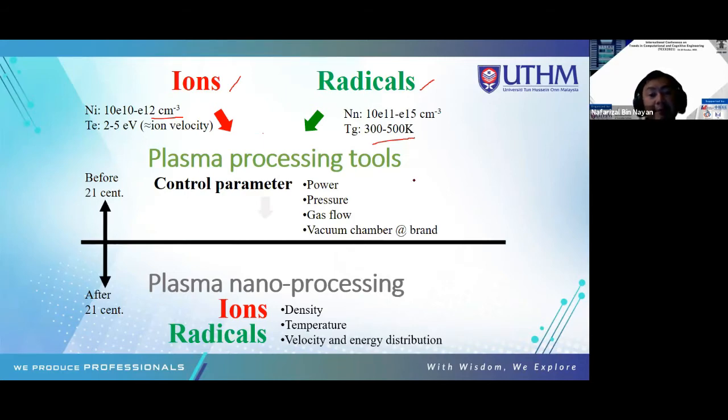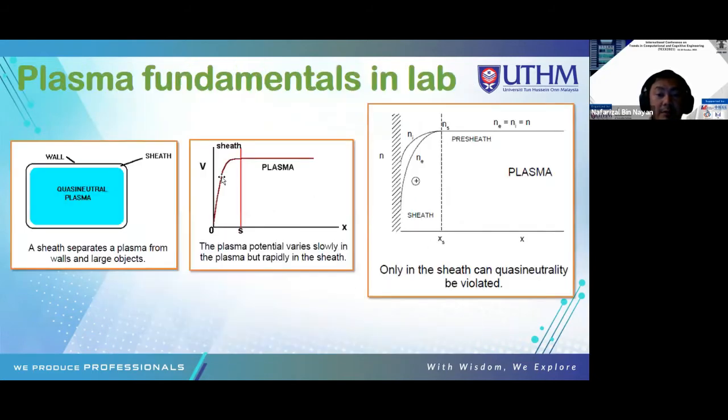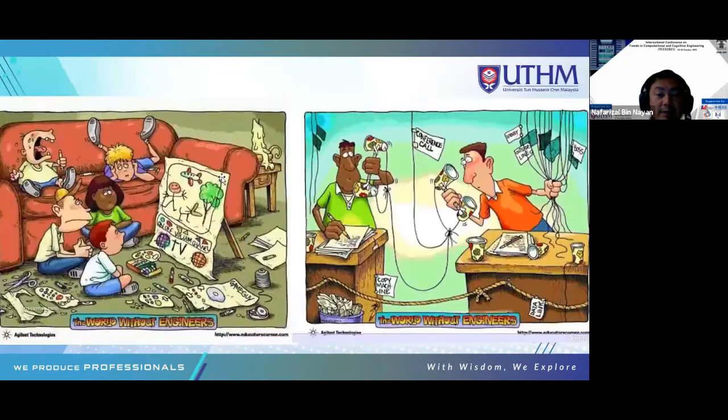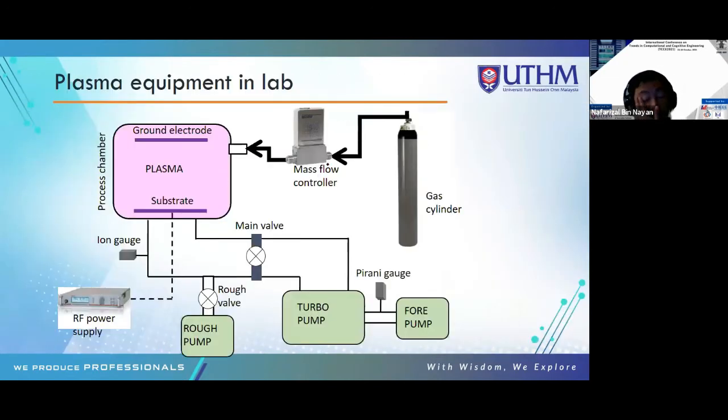And previously, when we want to control the plasma tools, last time I think we showed what we need for the plasma. We need gas, we need a flow controller, we need a chamber, and then we need a power supply to supply energy to the chamber, and then we have an electrode inside the chamber, whether it's a grounded electrode or substrate, or a powered electrode.